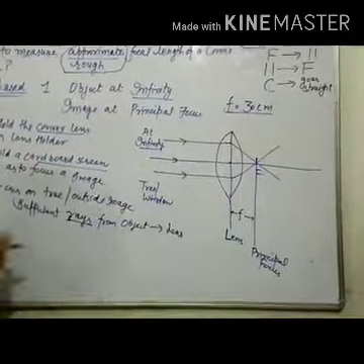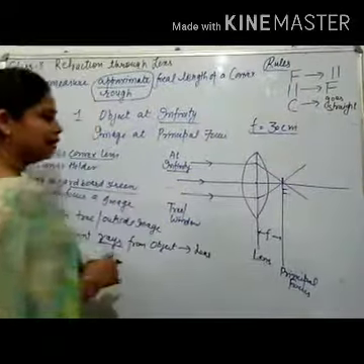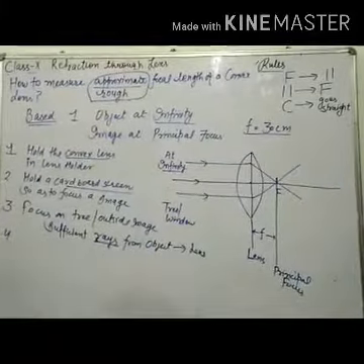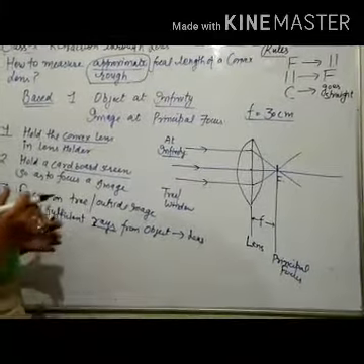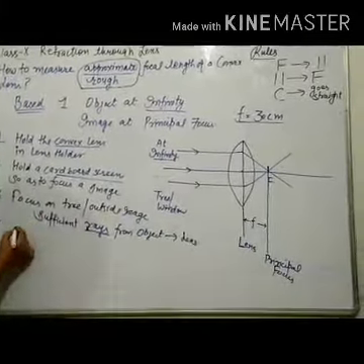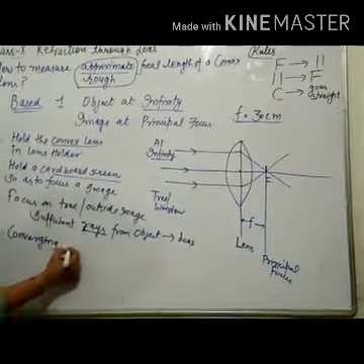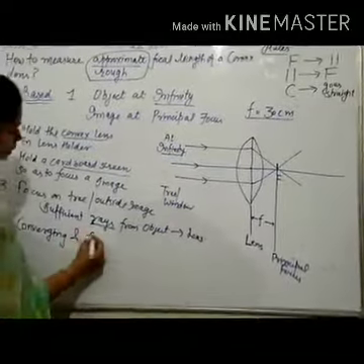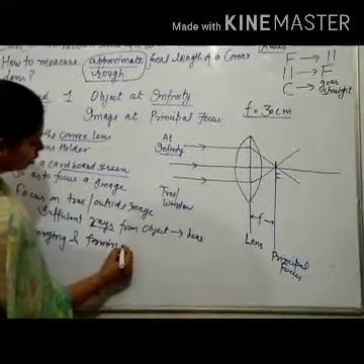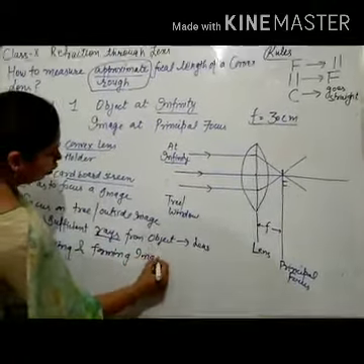When these parallel rays enter our lens, that is placed in the lens holder, they collect, they converge at a point, converging and forming an image on the screen.